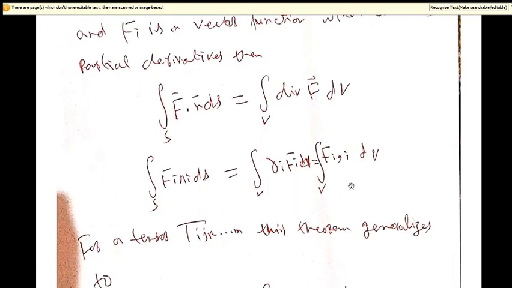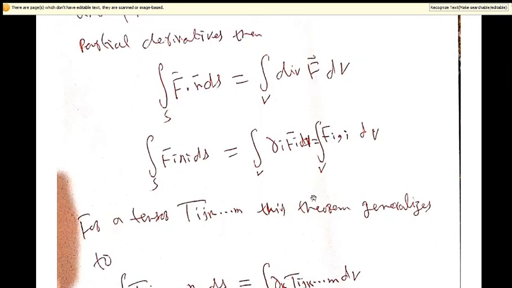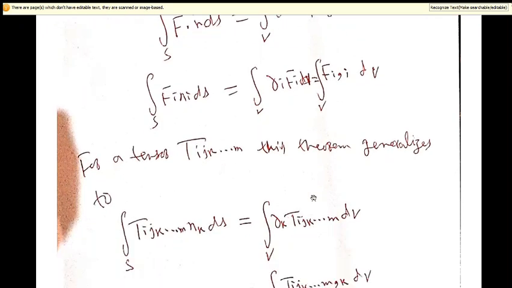Now this is for a first order tensor. If you have an nth order tensor, say 100th, 200th, 600th order tensor, then how can you write this theorem for that tensor?